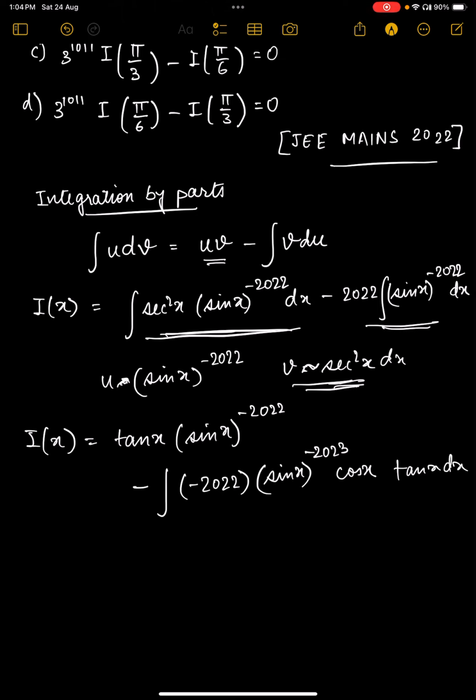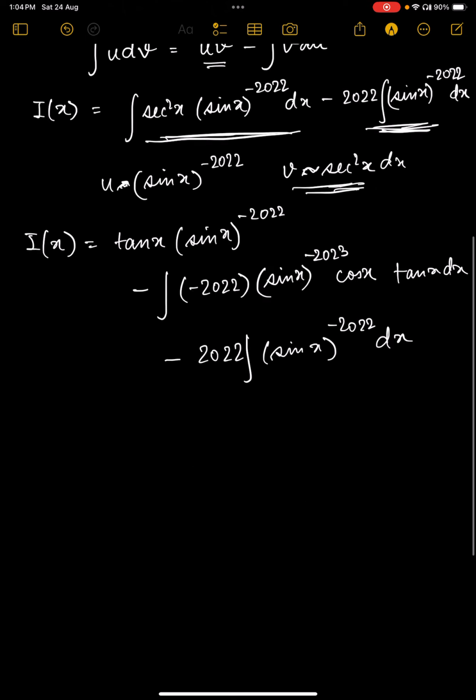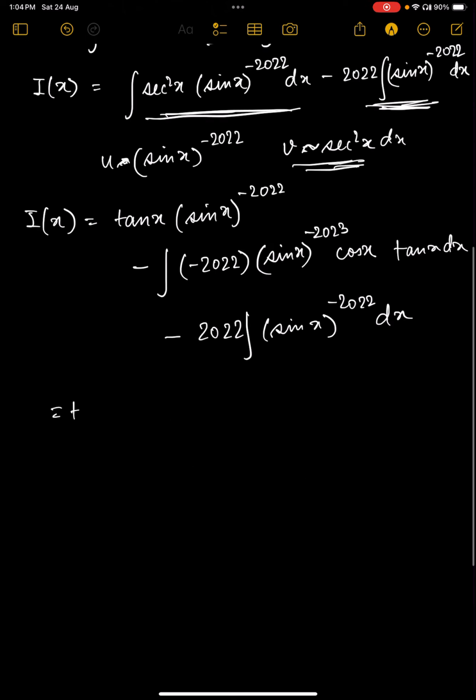tan x dx. Now this is one term, and we have the last part, so we have the second part. I'm going to write this part again: 2022 integral of sine x to the power minus 2022 dx. So this eventually becomes tan x sine x to the power minus 2022.